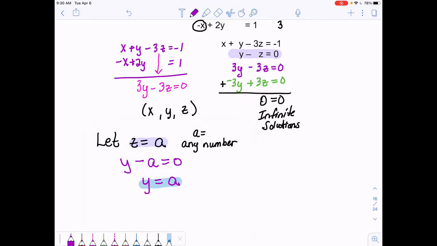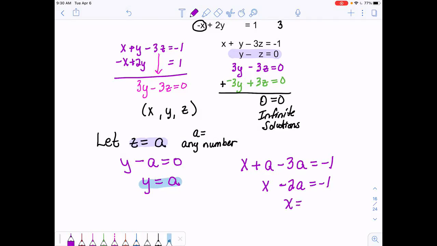So the first equation says x plus y. Well, y is now a. Minus 3z, well, z is also a because y and z are the same, equals -1. We're going to solve for x to have a representation for x. So this is x minus 2a equals -1.